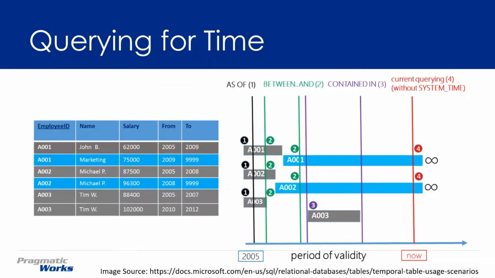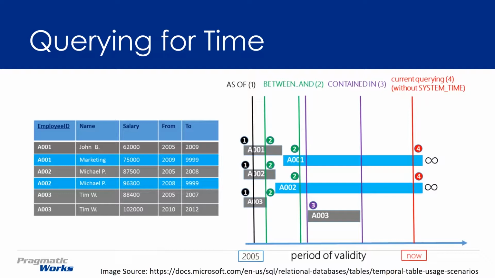I want to bring up this slide. This is actually from Microsoft's documentation. Rather than trying to recreate the whole thing, I basically copied it here so you could see it. The reference is on the slide. Why this is interesting is that it gives you the point in time using the data. So AS OF, you can see anything that was as of that date slices right through it, so it has to exist in that period of time.